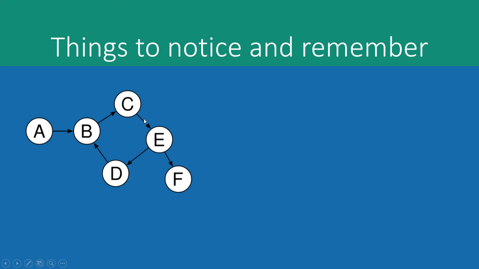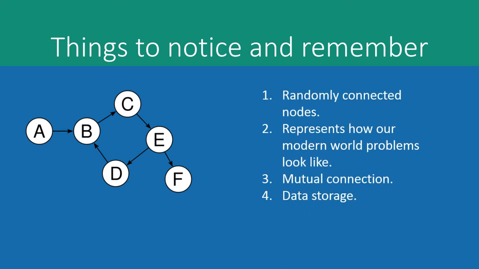They are randomly connected nodes. B can be connected to C, and B can also be connected to D, or D can be connected to other nodes, and B can be connected to almost every node in the graph. So it's totally random. It represents how our modern world problems look.